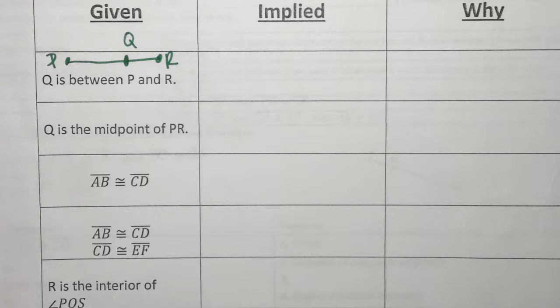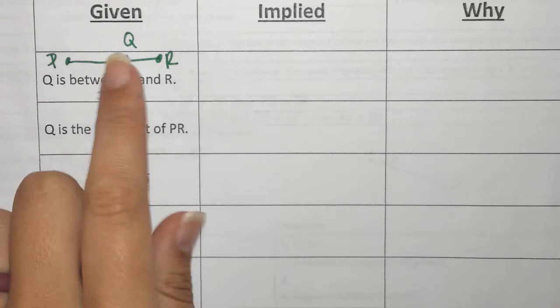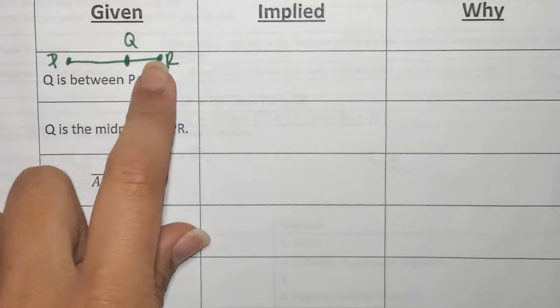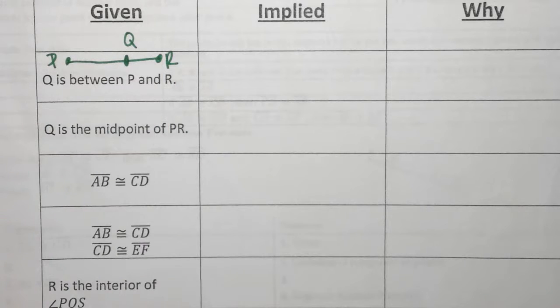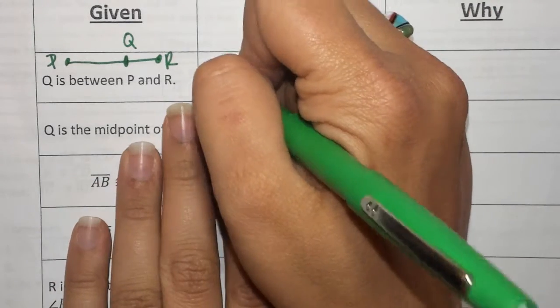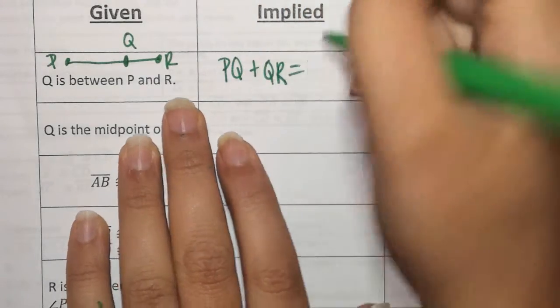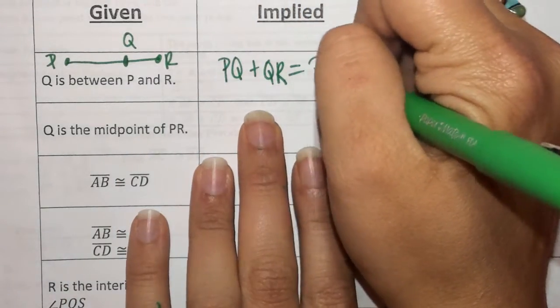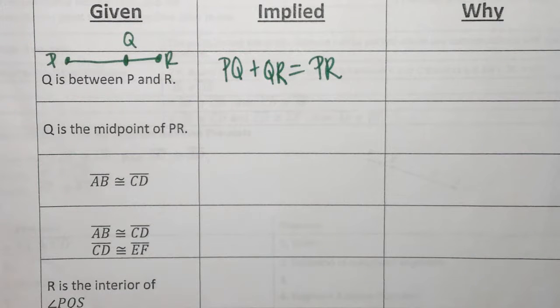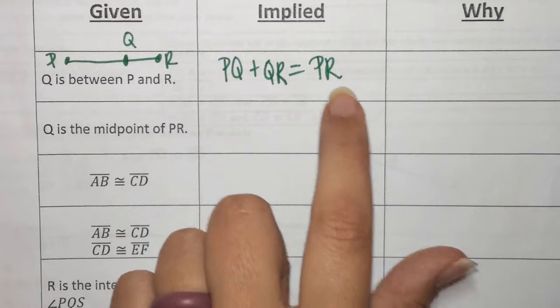These are your notes that you need to be able to pass class. What do we know about this segment PQ and this segment QR? They do add up to the whole thing. So if you add PQ plus QR, that gives you PR. Can anybody tell me why?